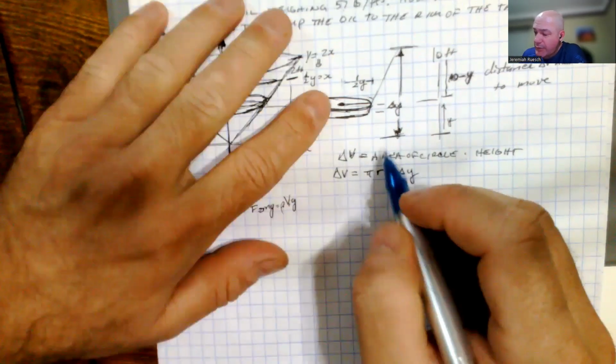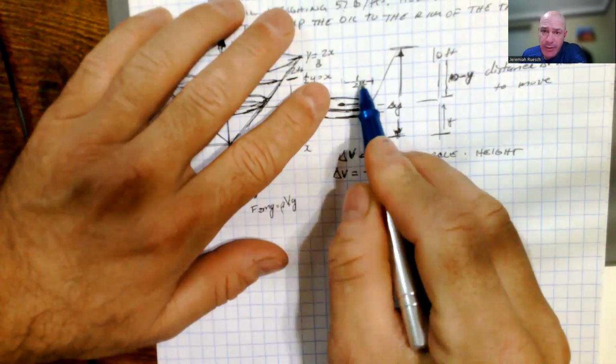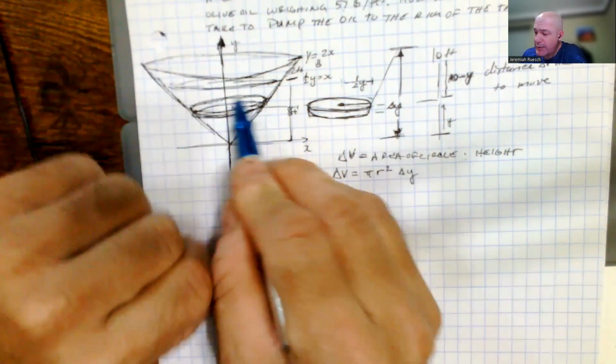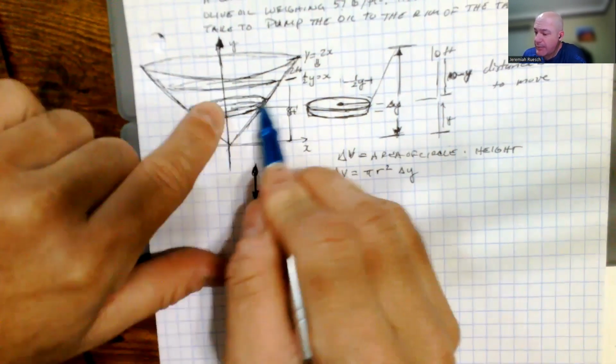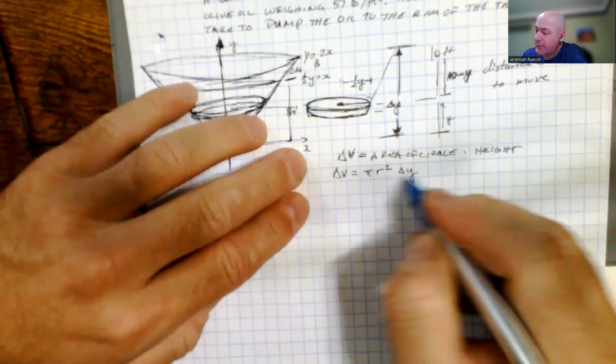So we have most of this already figured out, as I mentioned. The radius of the disk is 1/2 y, and that comes from the fact that from the y-axis out to this point, this disk has a radius equal to the x value of this height. So we're going to plug that in.